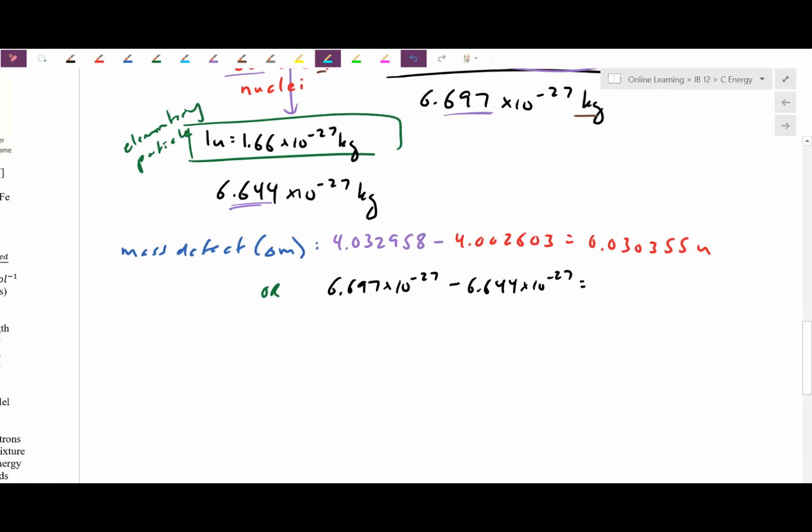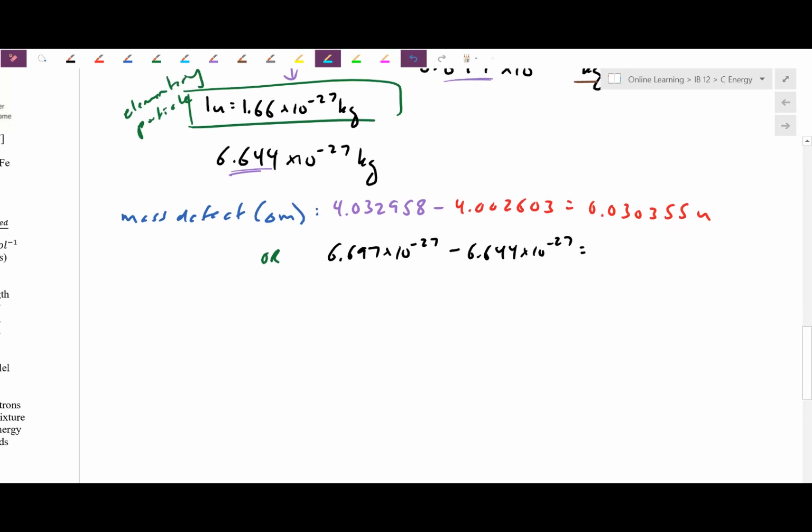Whether you convert first and then subtract, or subtract and then convert, either way is fine. I'm going to be off by a few decimals here. 6.697 e negative 27, I minus out this answer, and I'm getting roughly 5.04 times 10 to the negative 29 kilograms.